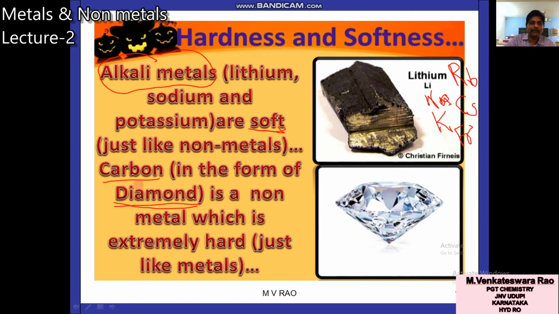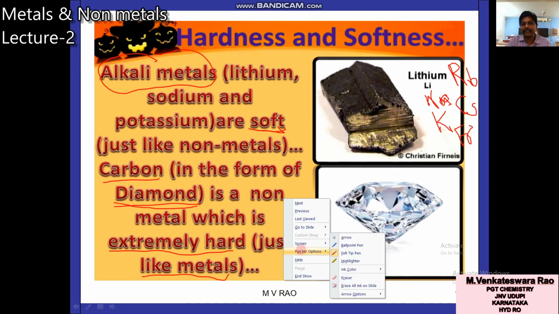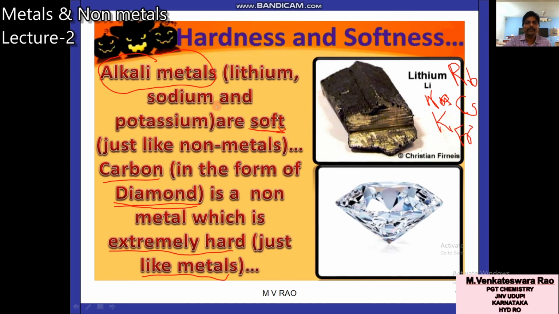Diamond is a very hard substance, extremely hard, just like metals, more than metals. Diamond is extremely hard even though it is a non-metal. So these are exceptions. Non-metals are soft, but diamond is hard. Metals are hard, but alkali metals are soft.